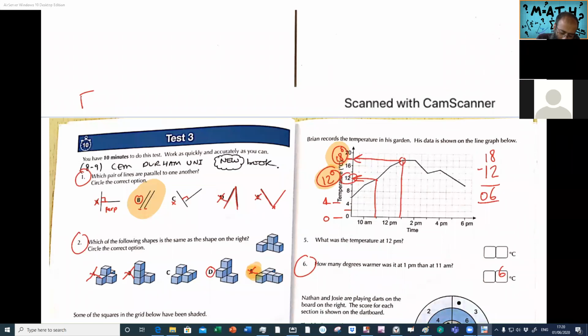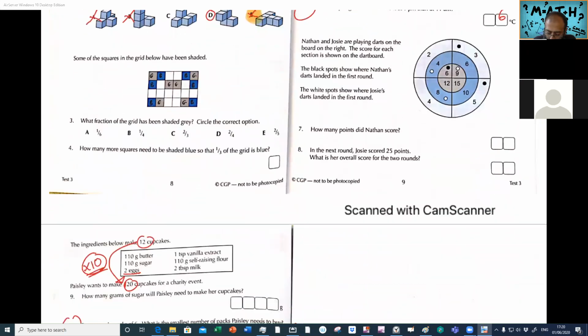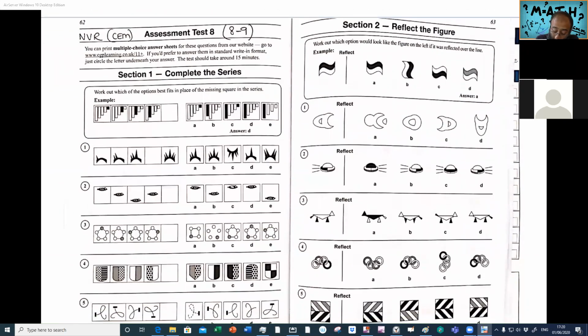How much did you get for the maths paper? There were 3 ticks. Okay, what did you get? 3 out of 12. You got 3 out of 12.